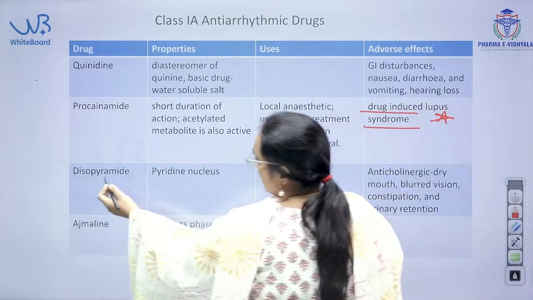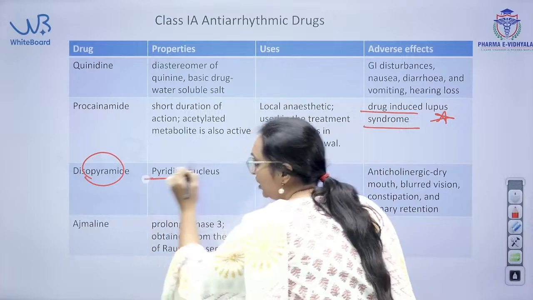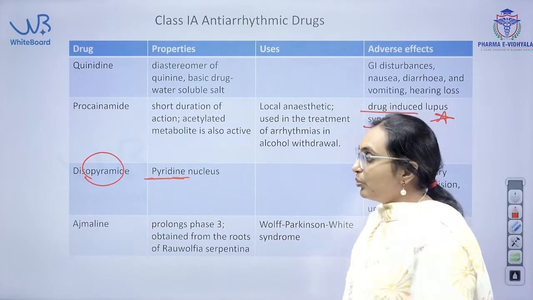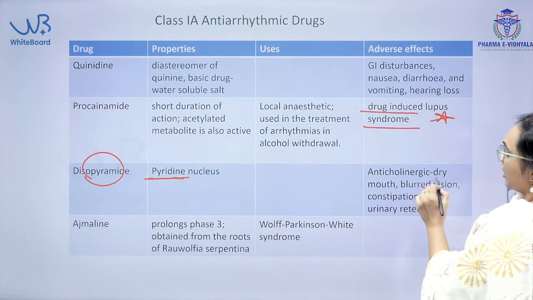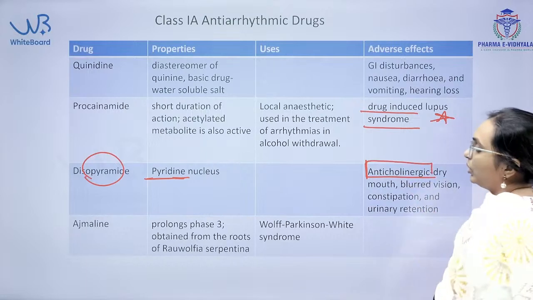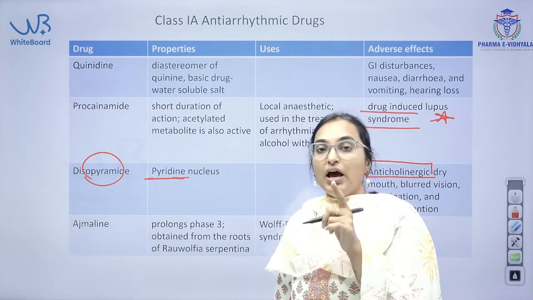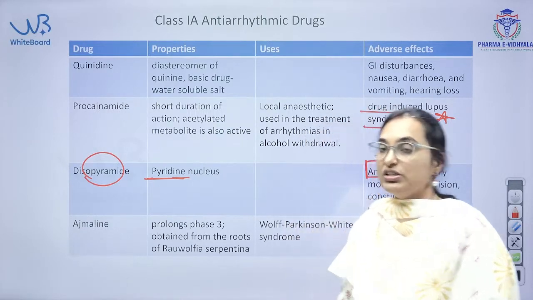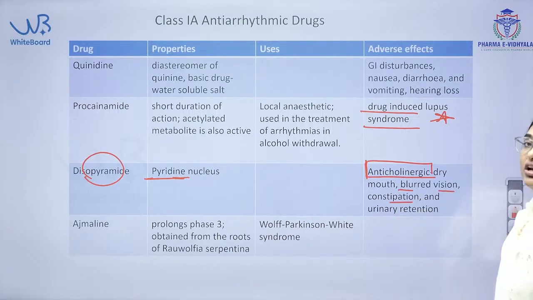Disopyramide. From the name you can think of pyridine nucleus, that's why I have given the structure here. Disopyramide consists of a pyridine nucleus, and it is anticholinergic. Which antiarrhythmic drug has anticholinergic side effects? Dry mouth, blurred vision, constipation, urinary retention.